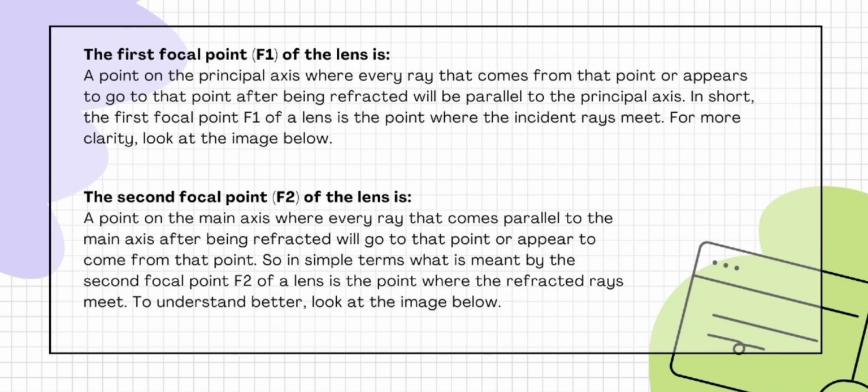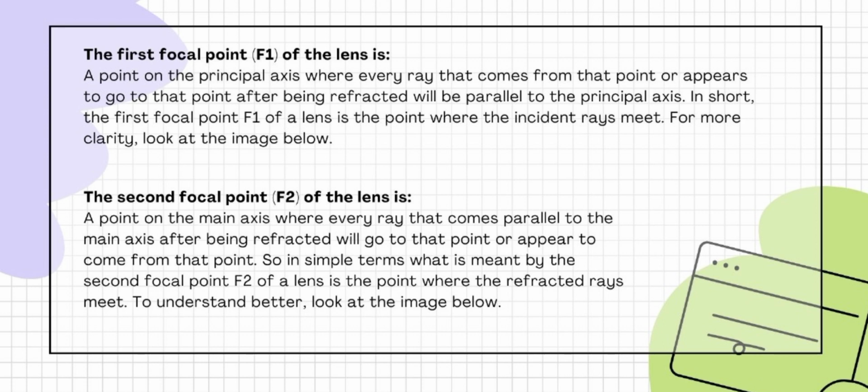The first focal point F1 of the lens is a point on the principal axis where every ray that comes from that point or appears to go to that point, after being refracted, will be parallel to the principal axis. In short, the first focal point F1 of a lens is the point where the incident rays meet.